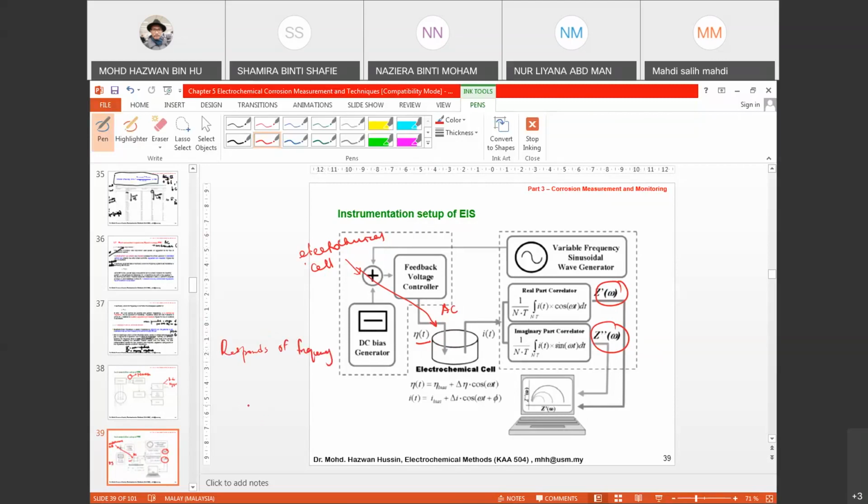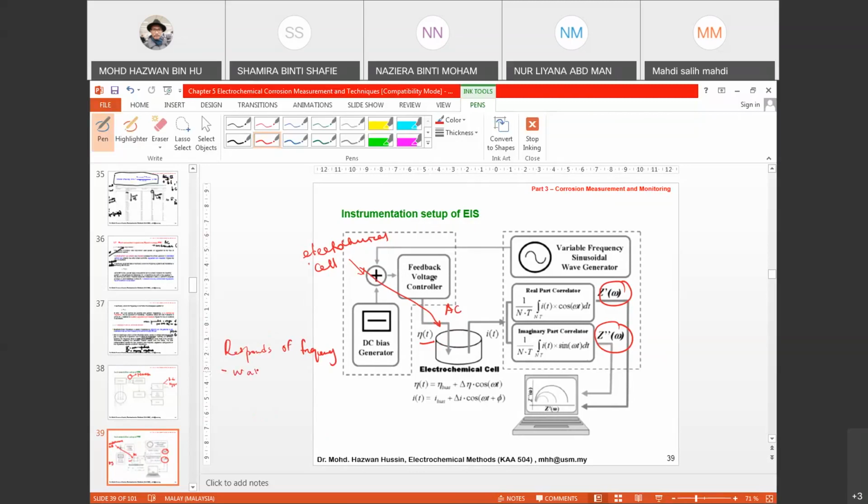The response of frequency is always a wave-like response. It's like a wave. That is why over here you have a variable frequency sinusoidal wave generator. Because you're measuring the EIS system over a different range of frequencies, you have different responses. Different values will give you different responses.